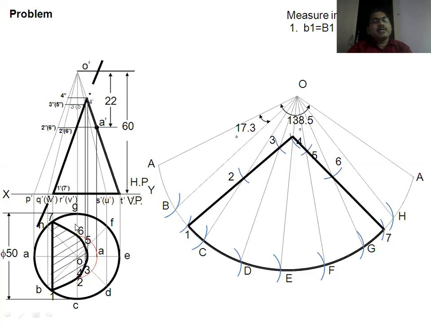This indicates the generators, the top view of the generators of the cone. Then you project all these points A, B, C, D into the front view as points on the base. Name these points as A dash, B dash, C dash accordingly, and O dash also the apex point.